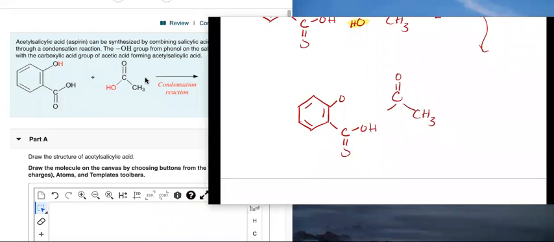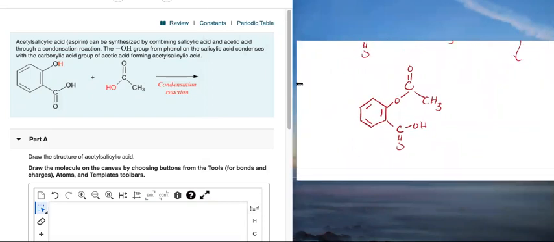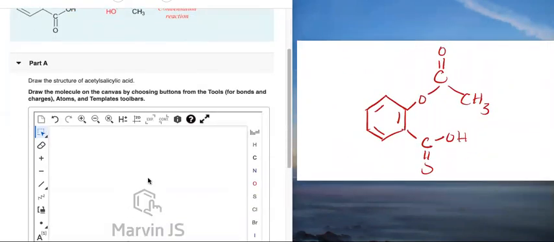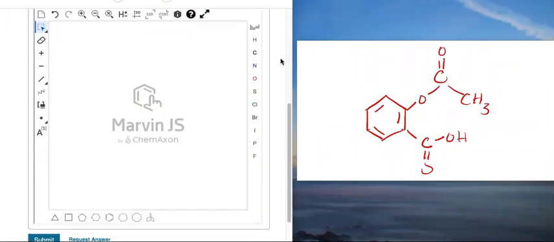I'm going to take this and move it right there. That's going to be my product. So this is what I need to draw. Let me make it as big as possible. There we go. That's what I need to mimic on this homework.